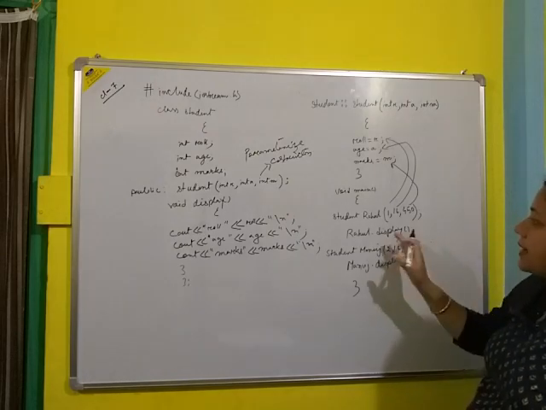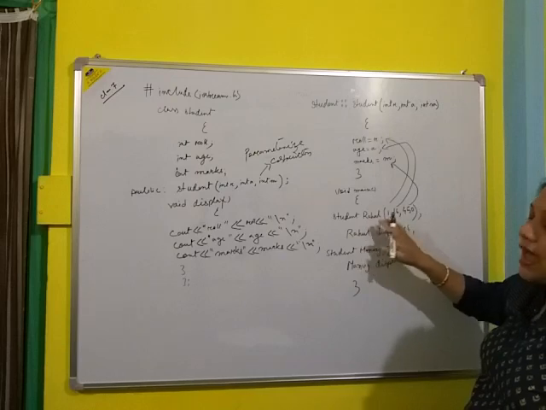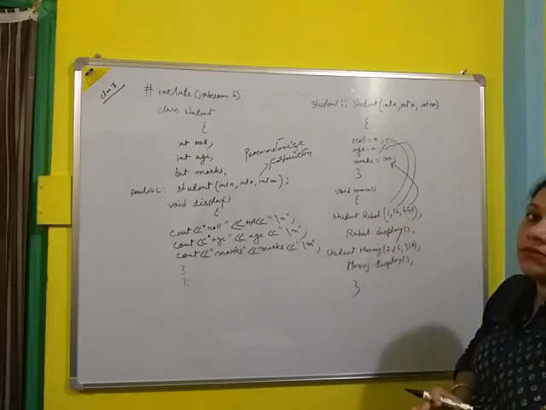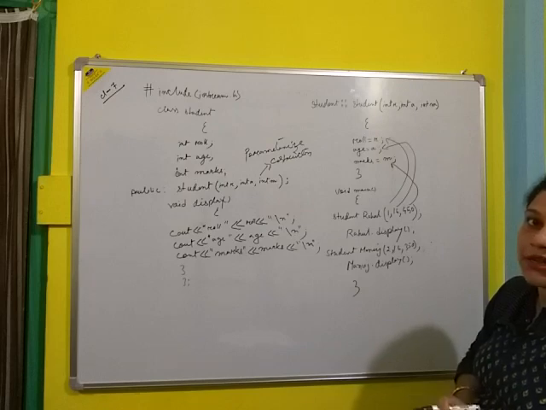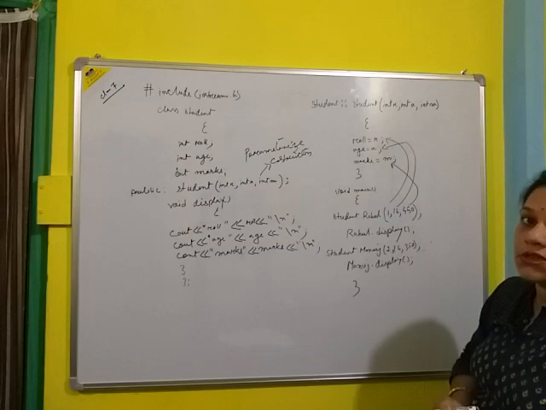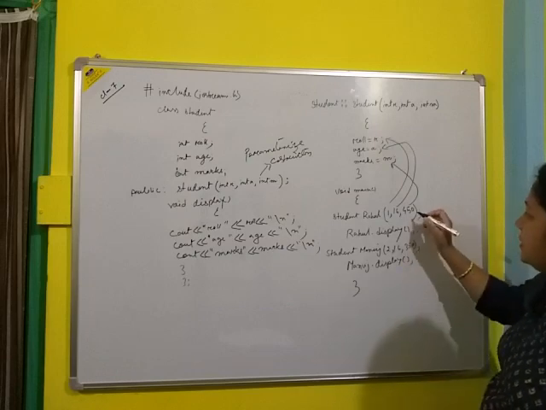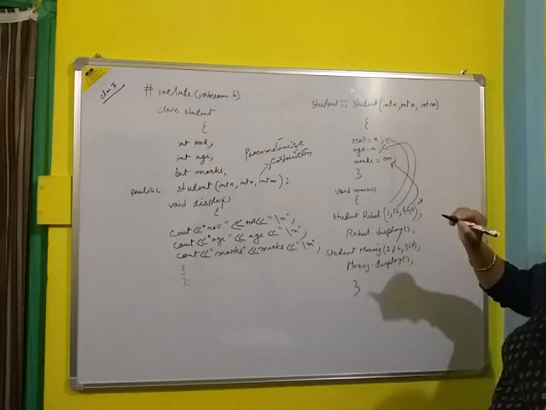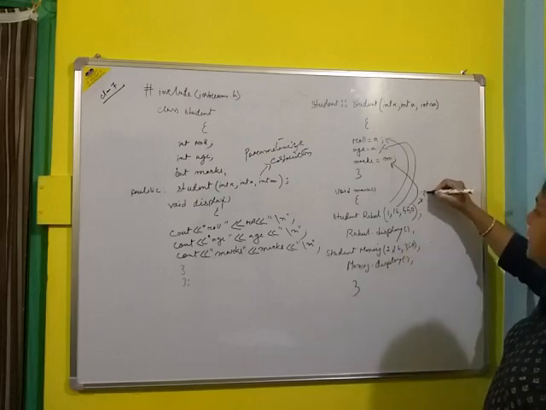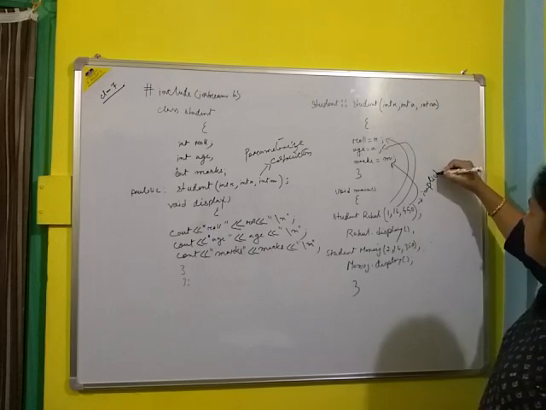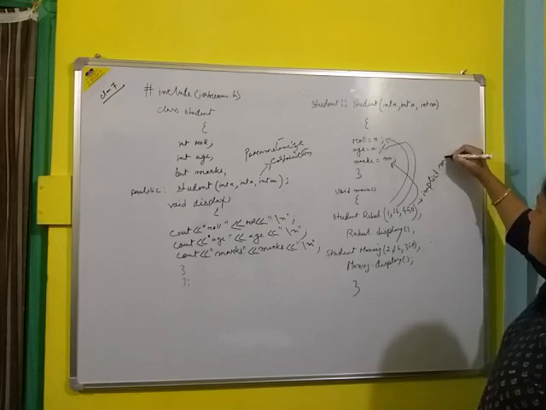So at the time of declaration of the object, I pass the appropriate argument values of the parameterized constructor, so that I can execute the parameterized constructor easily. This method is known as implicit method.